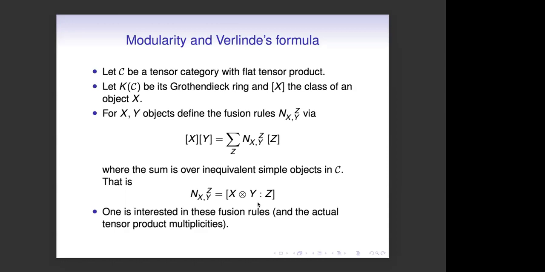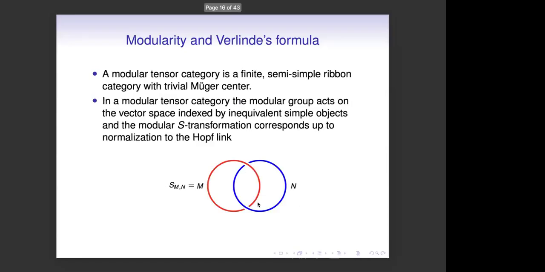Of course, in the semi-simple case, this is equivalent to knowing the exact tensor product rules, and in the non-semi-simple setting, this is weaker, and one would like to know the actual ones. But I think there's a very clear path how to go from the Grothendieck ring to the actual tensor ring. So this is kind of okay.